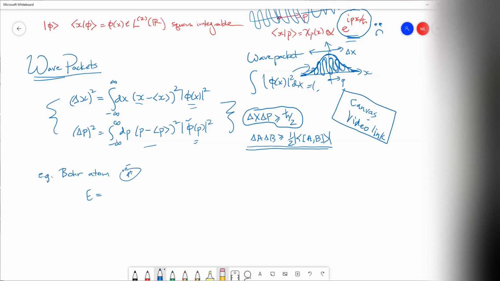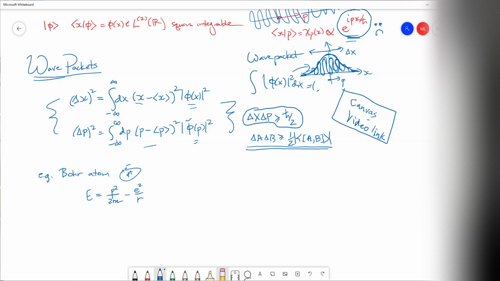There was a kinetic energy associated with the electron, and then there was a Coulomb interaction between the electron and the proton.